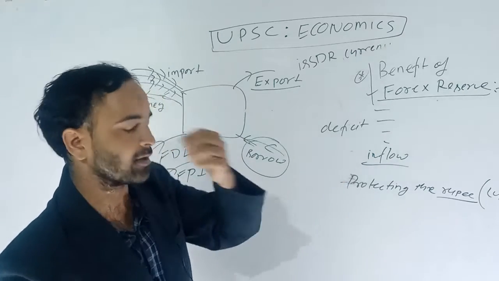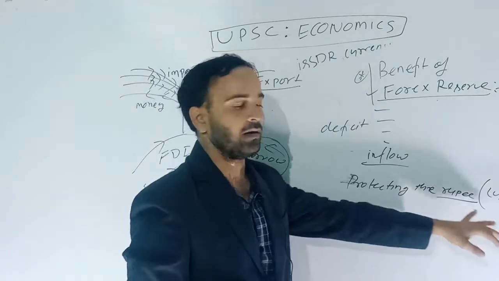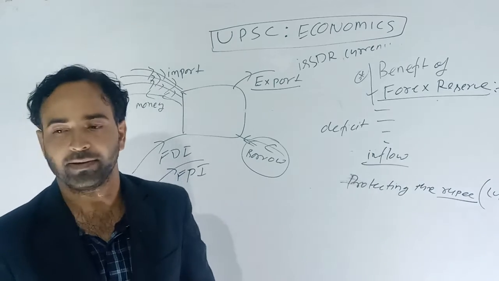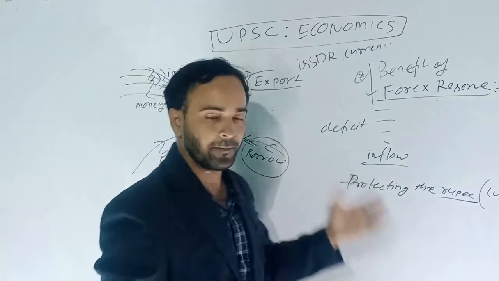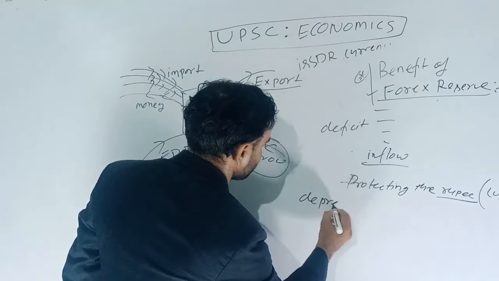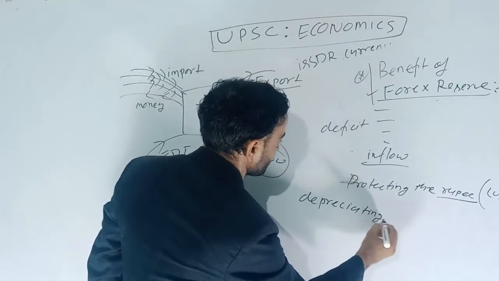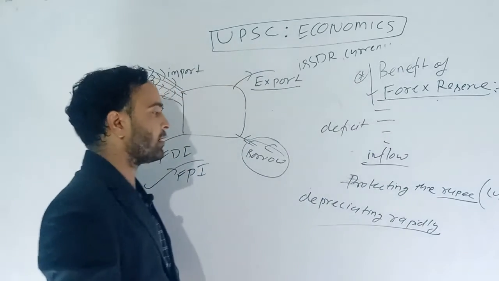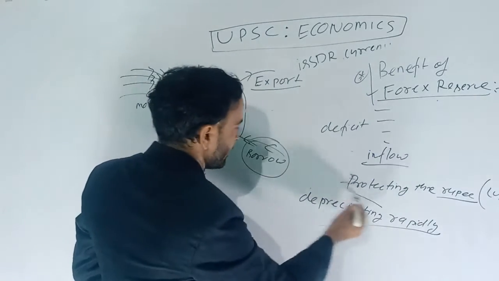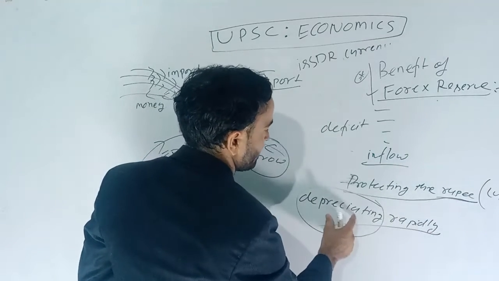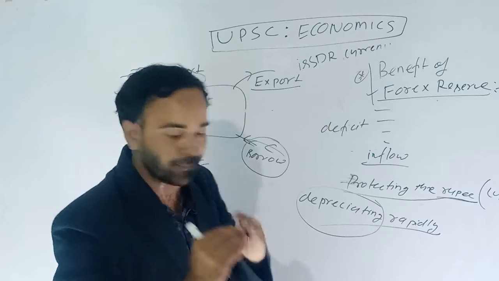It is used for protecting the rupee if it is depreciating rapidly. Now, what is depreciation here? I am telling you it defends the rupee from depreciating. And what is depreciation?